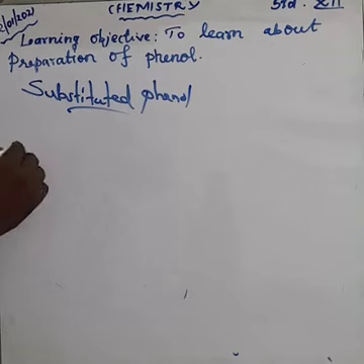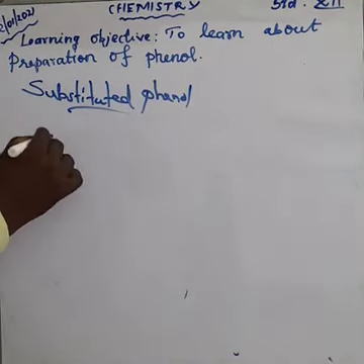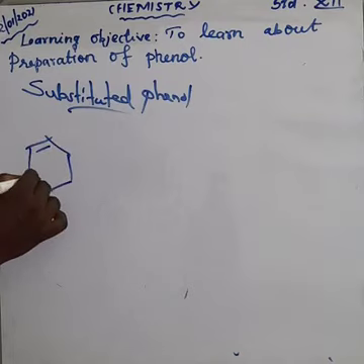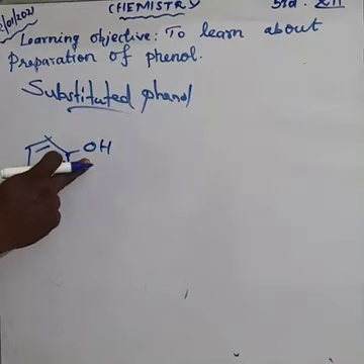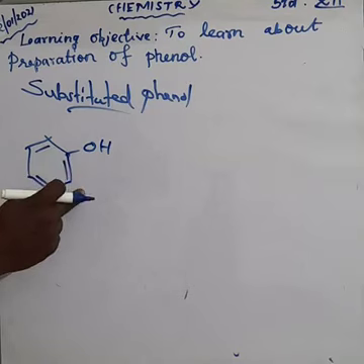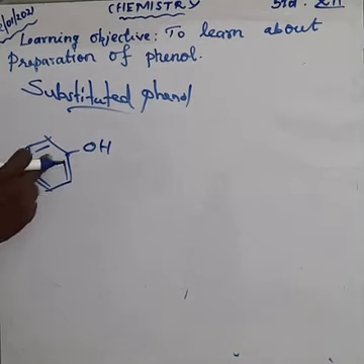Okay, for example, here this is the functional group. Don't forget that this is the functional group. Nearest to the functional group is called what? Ortho position, meta position, and just opposite is the para position.